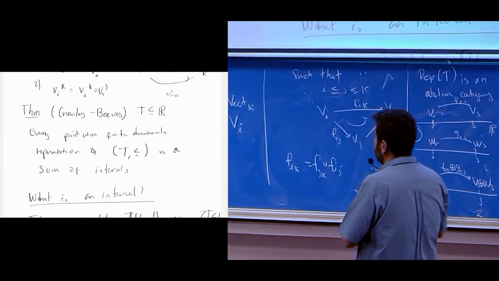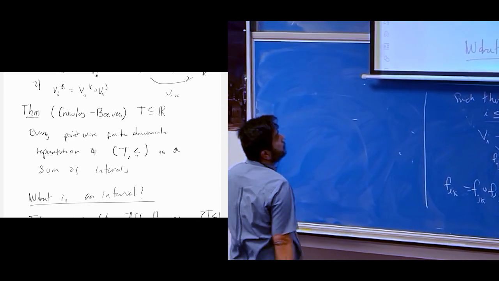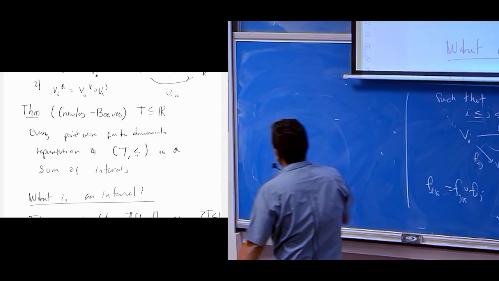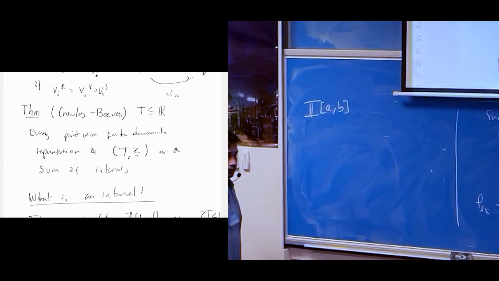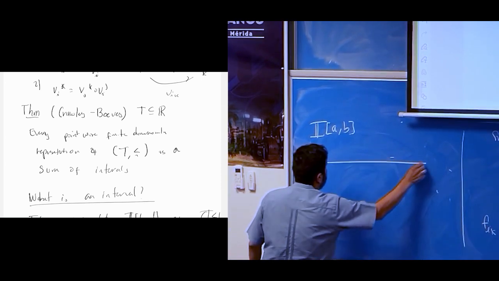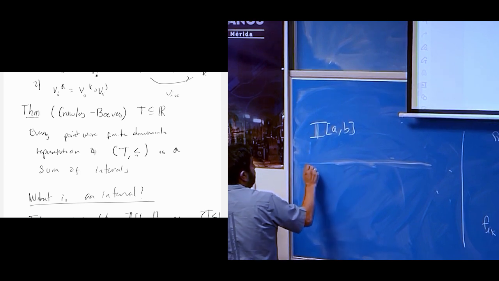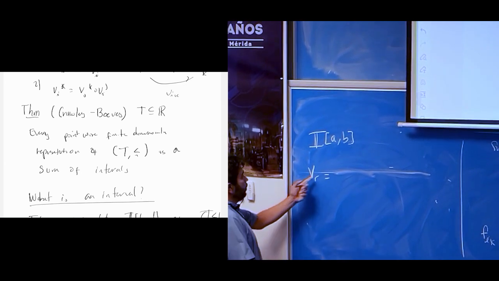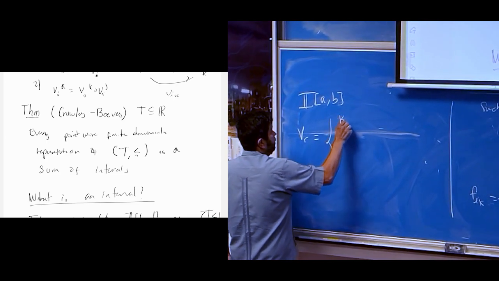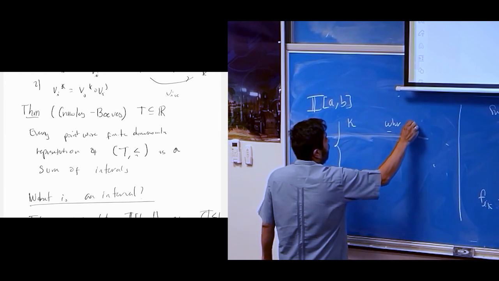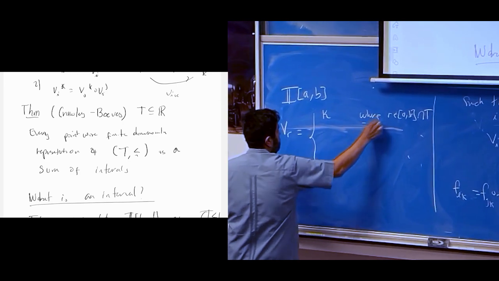An interval in the reals is just a representation that you can write like this. It's a representation where the vector space associated with R is the field K when R is in the interval I intersection T, and zero otherwise.